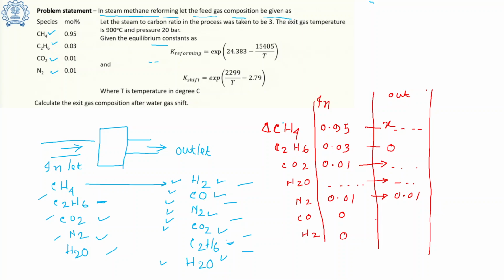Next, carbon monoxide, you have to suppose. Let carbon monoxide be, I will take two independent variables, x and y, and two dependent variables. And hydrogen I will write in terms of the dependent variables. Okay, this is your question, actually all this is the scenario.